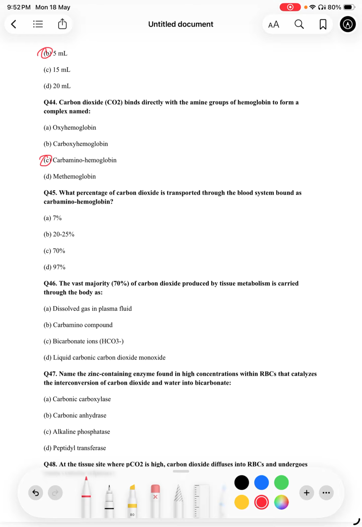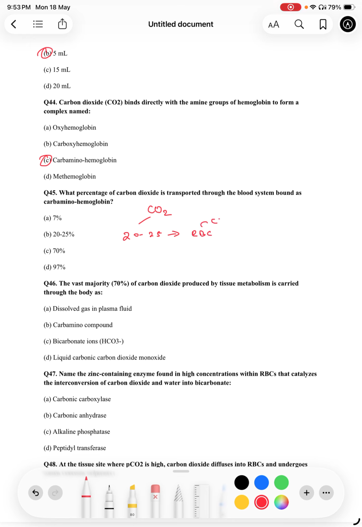What percentage of carbon dioxide is transported through the blood system bound as carbaminohemoglobin? So CO2 relies on three pathways. 20 to 25% moves as carbaminohemoglobin in RBC.